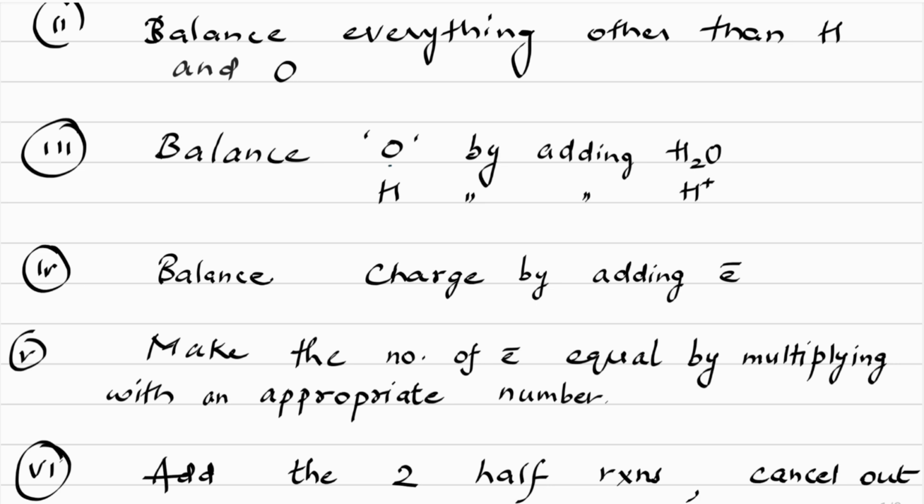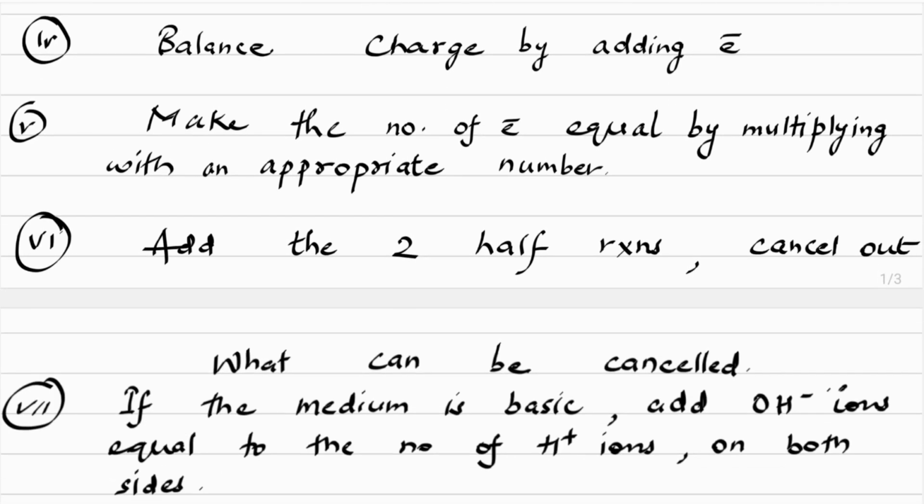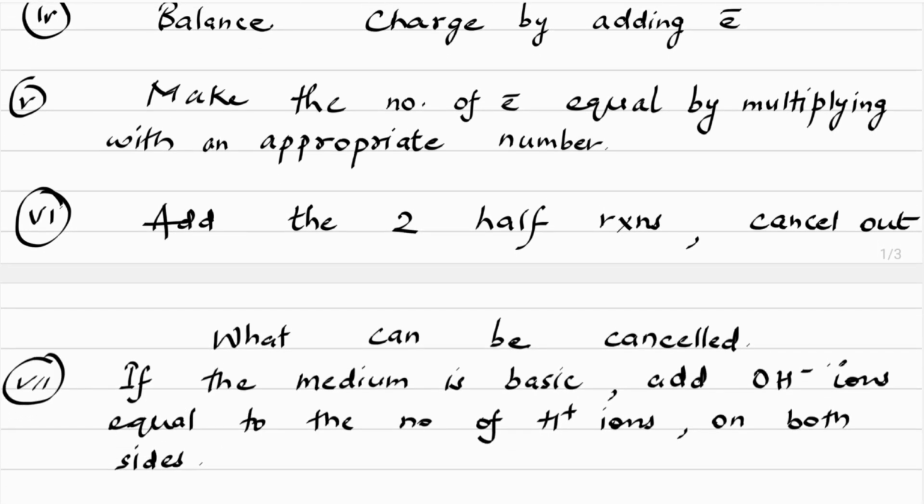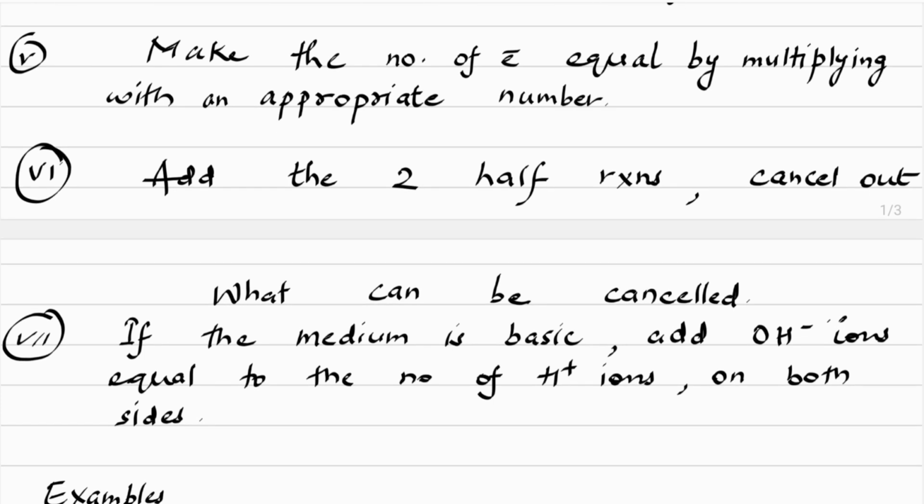When the number of electrons for both half reactions are equal, you add those half reactions and cancel out whatever can be cancelled. Then your reaction is balanced in acidic medium. But if the medium is basic, then what do you do? In that case, you add hydroxide ions, that is OH- ions, equal to the number of H+ ions, on both sides.